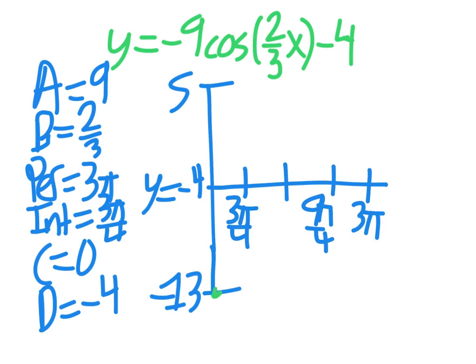Then it's going to go up to -4, then it's going to go up to 5, then it's going to go down to -4, and then back down to -13. So like this, and then arrows to show that it is repeating.